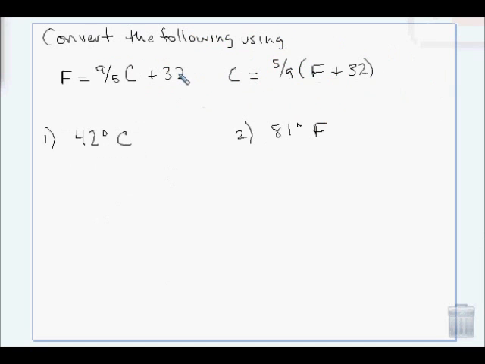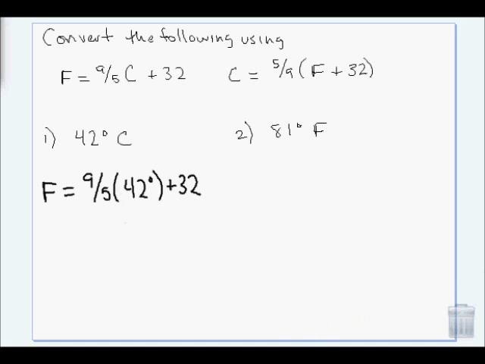This one might have been in chapter 8, but it showed up on the final: converting from Celsius to Fahrenheit. Okay, this is if you have Celsius and you want Fahrenheit. This is if you have Fahrenheit and you want Celsius. So I have Celsius, I want Fahrenheit. So I plug in what I have for Celsius.